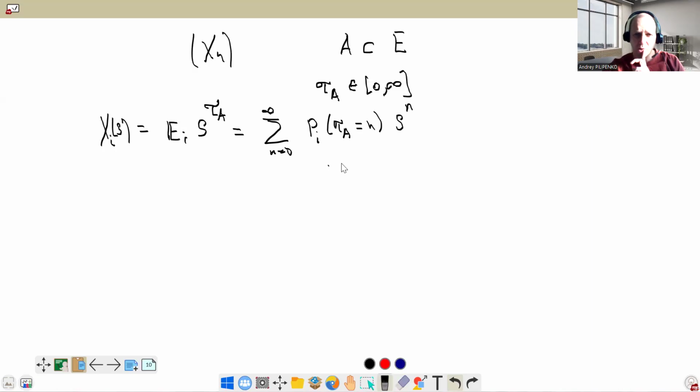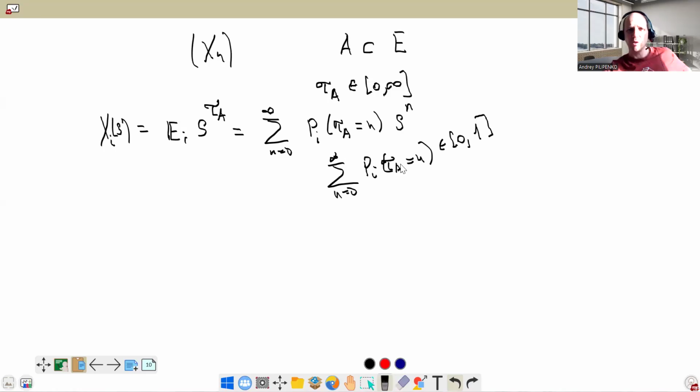And please be careful that these events are disjoint, and the sum of these probabilities is between 0 and 1. So theoretically, it may be strictly less than 1 if you never hit A. Well, and we will consider s between 0 and 1. Okay, so now let's try to find the generating function.